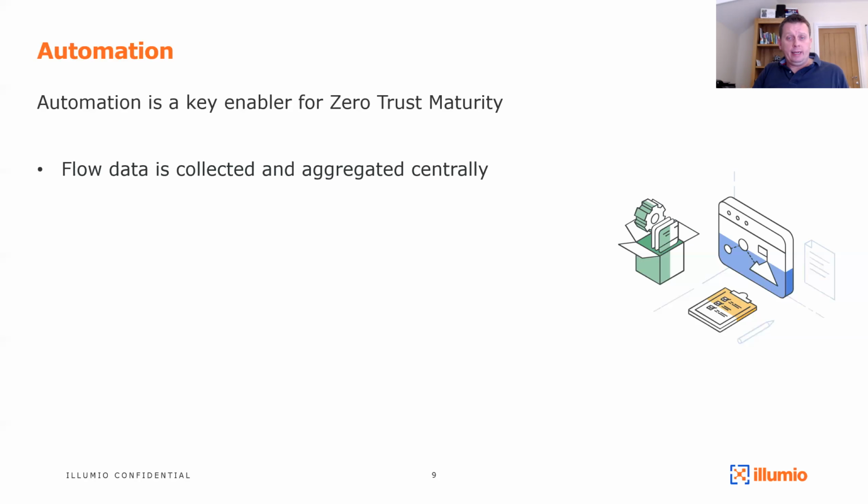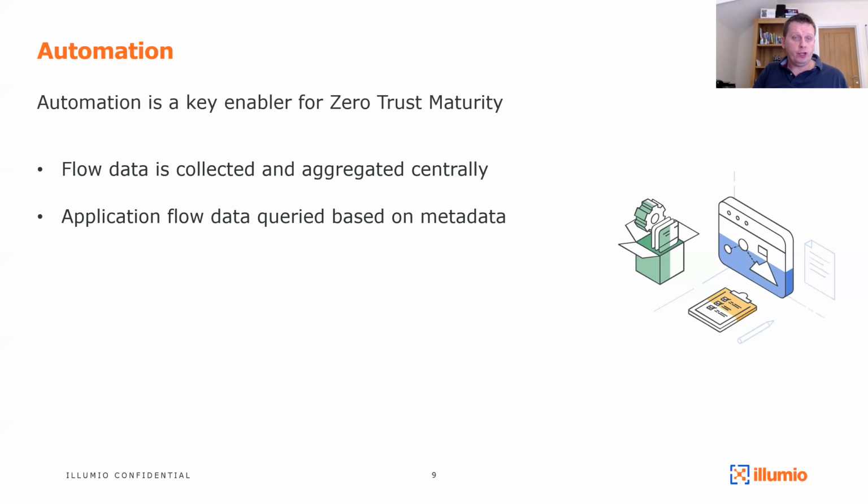So that's all reported centrally, and importantly, that data can be fully queried based on metadata, and it can be queried directly through the API. So it's possible for automation to make those queries through the API and get the information about the dependencies in the environment, and then you can write policy.